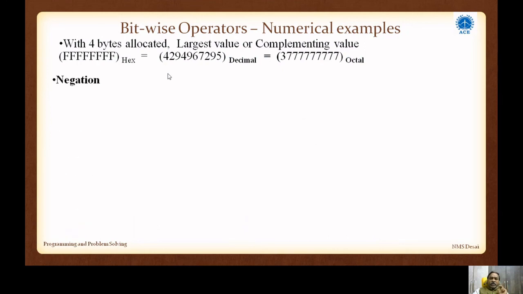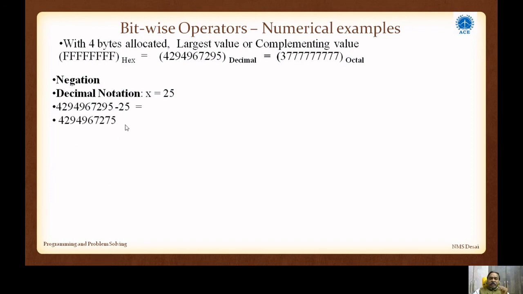Next, negation operation. How will it be done? Decimal notation. I have taken a numerical example of 25 and 36. Decimal notation, x is 25. And the negation operation will give me this number minus 25.